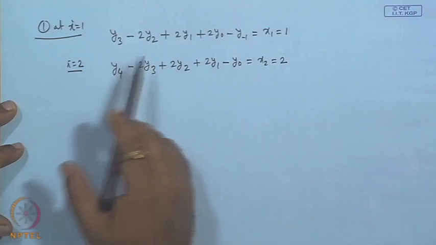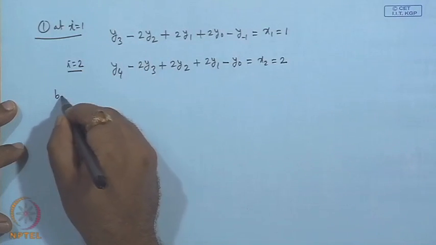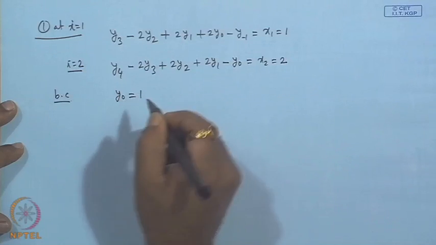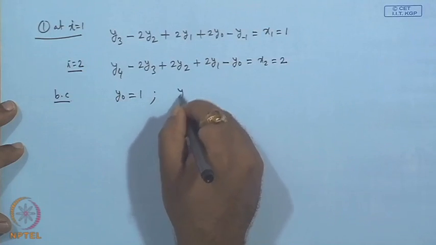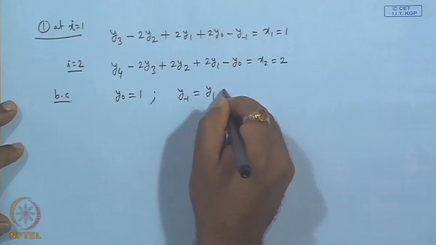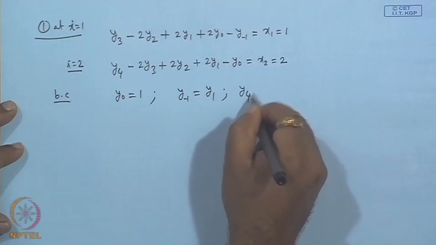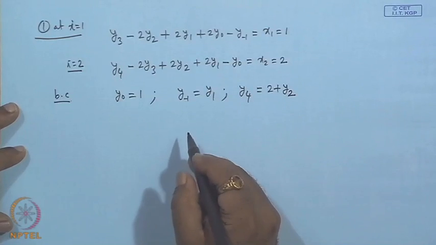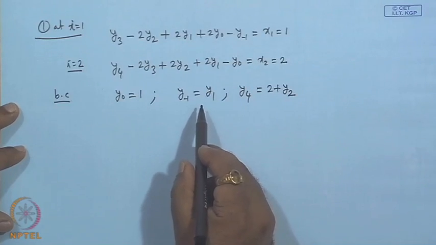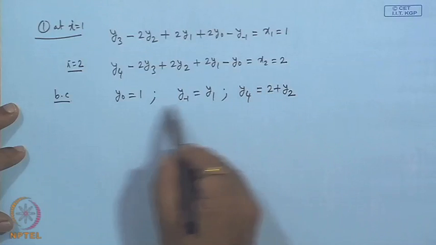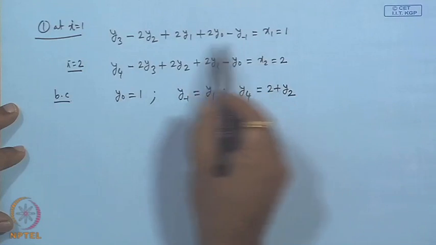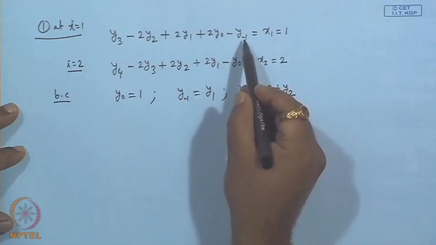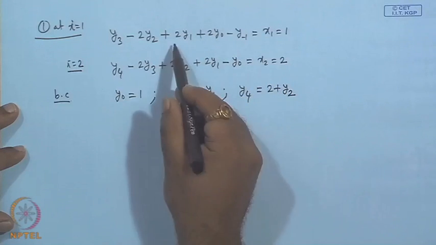So, however, here from the boundary condition we have, okay. So, this gives us, for example, in this y 0 is given and y minus 1 can be substituted, y 4 can be substituted.